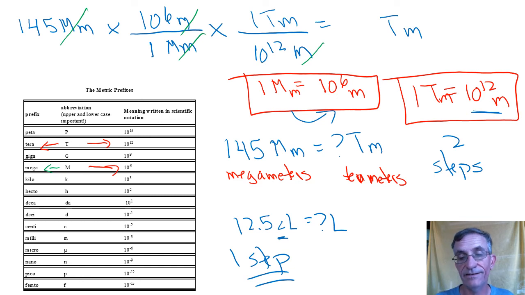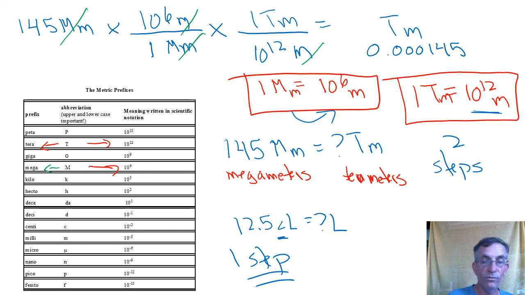If you're typing this incorrectly, 145 times 1EE6 divided by 1EE12. The right answer, if you're doing it correctly, should turn out to be 0.000145. That's what it should look like.